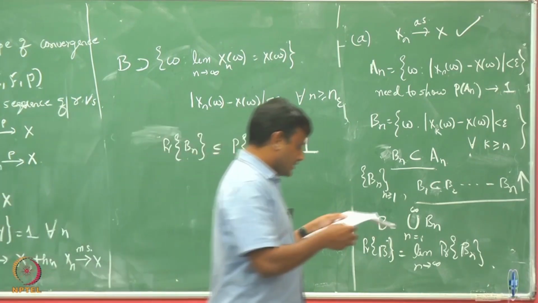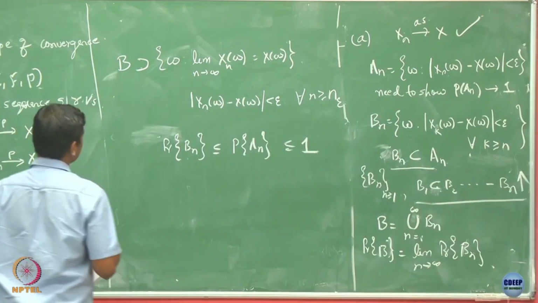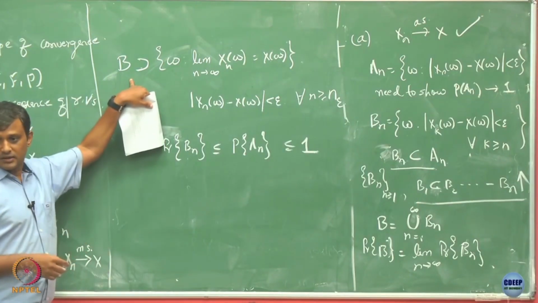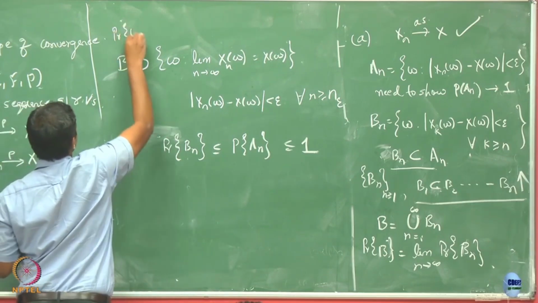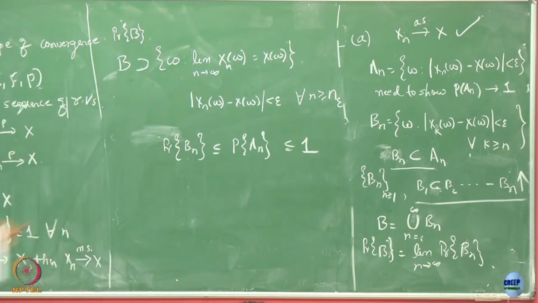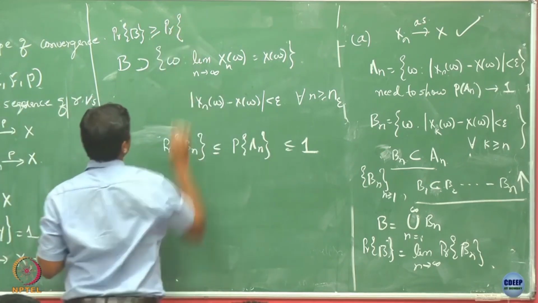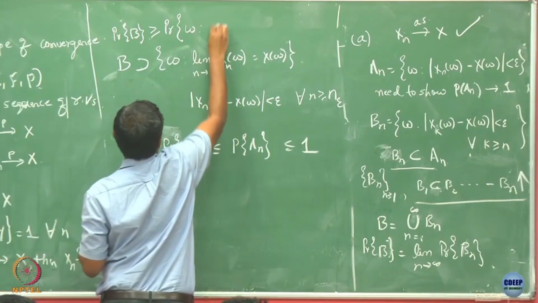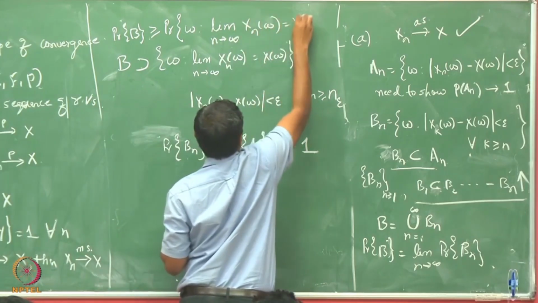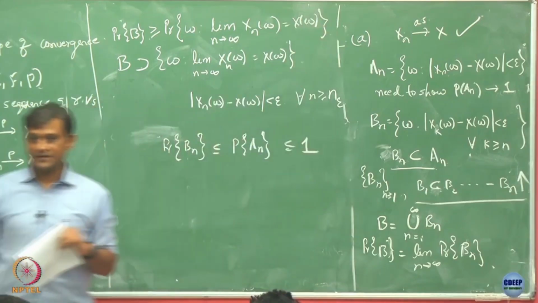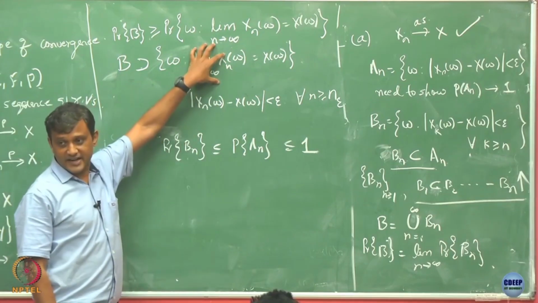Okay. Now if I am going to apply probability on this, I know that probability of B, because B is a larger set than this, it must be the case that probability of B is at least probability of omega such that limit n tends to infinity xn of omega, right, because this right hand side is contained in this.